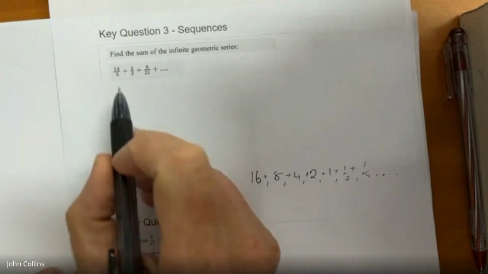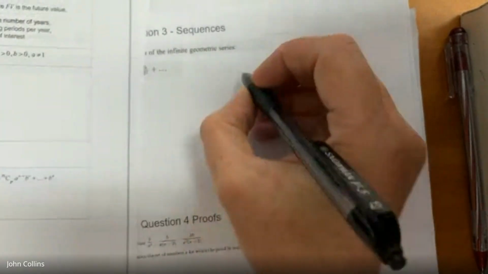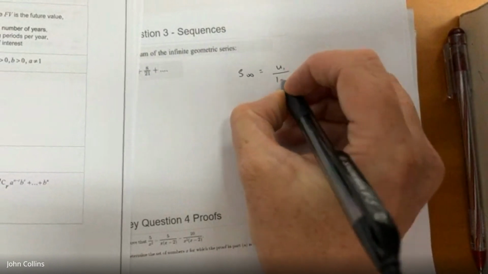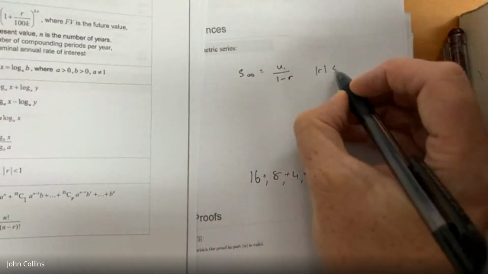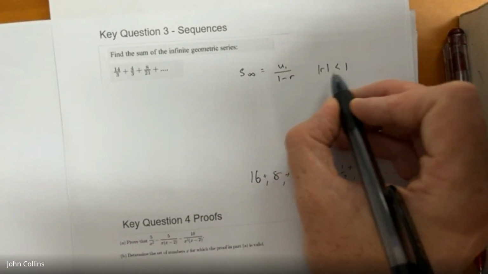Okay. So I see sum of infinite sequence, so I'm going to use the sum of infinite sequence formula at some stage. So I'll just write it down. This is the sum of infinite sequence. The key to this is the ratio. It says in the formula, the absolute value of r is less than 1.